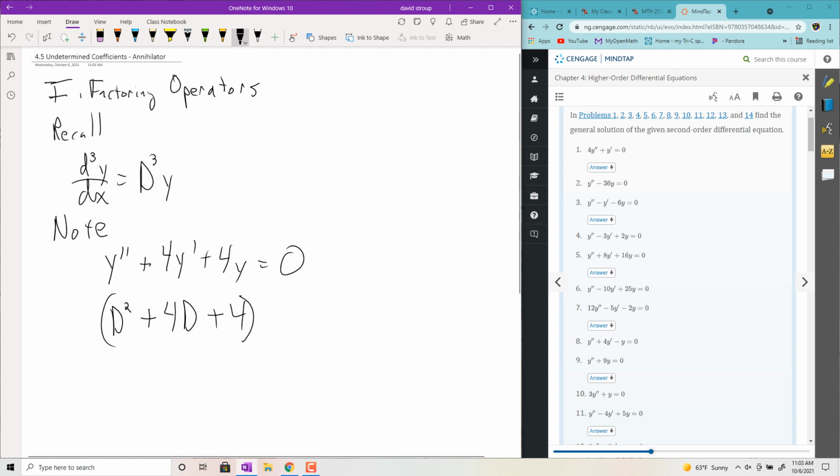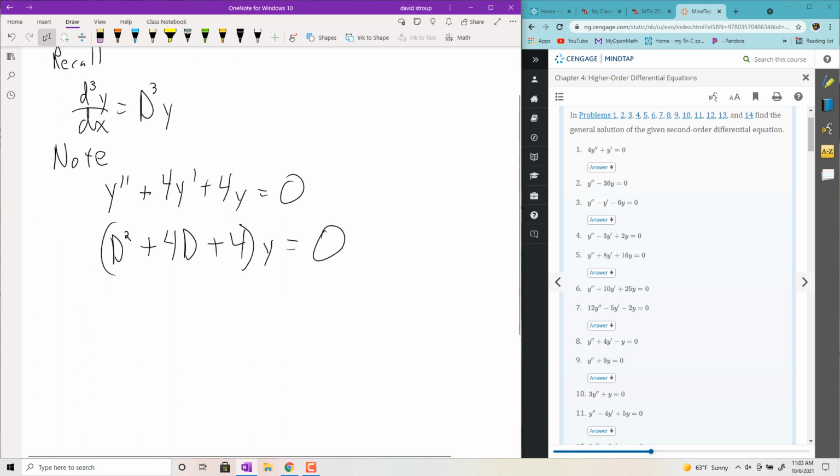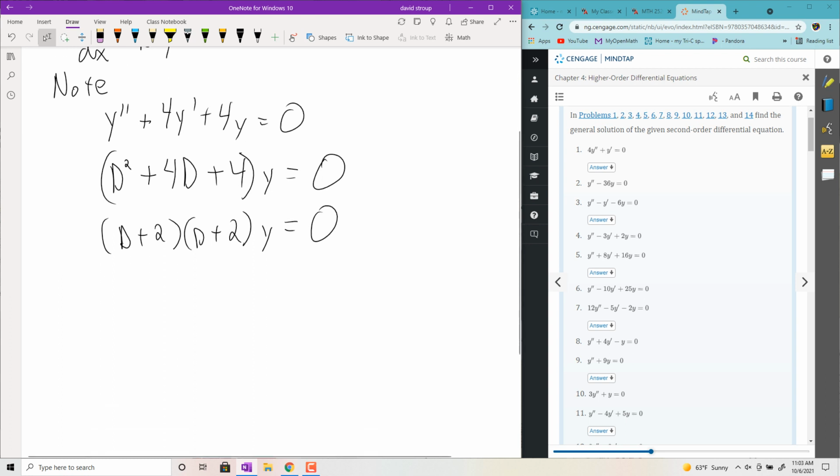You think of that as a polynomial operator on the function y. You can then factor that polynomial operator into (D plus 2)(D plus 2), and that is equivalent to the original differential equation.